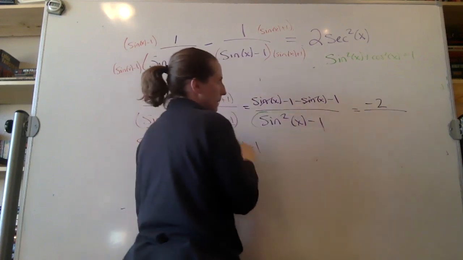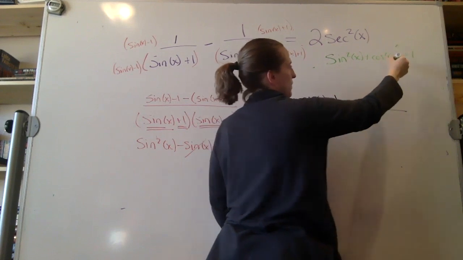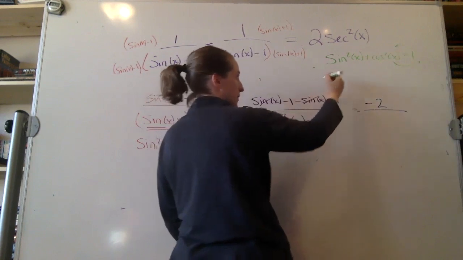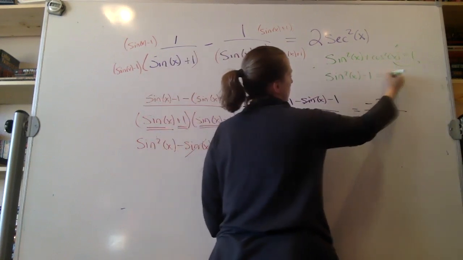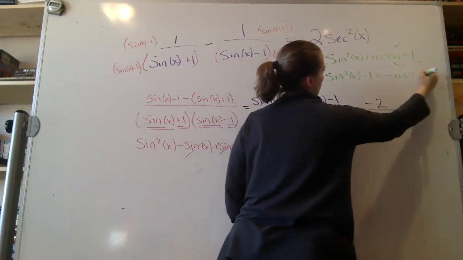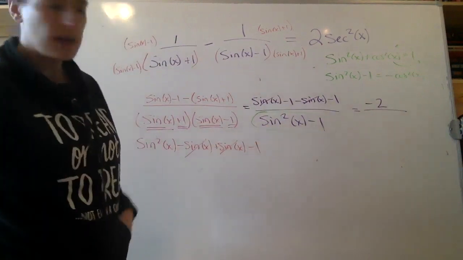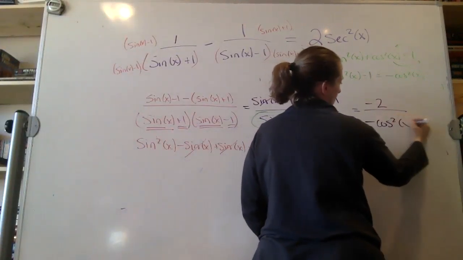I'm going to move my 1 over by subtracting 1 from both sides. I'm going to move my cosine squared over by subtracting cosine squared from both sides. That'll give me sine squared minus 1 equals negative cosine squared. So sine squared minus 1 I can rewrite as negative cosine squared.